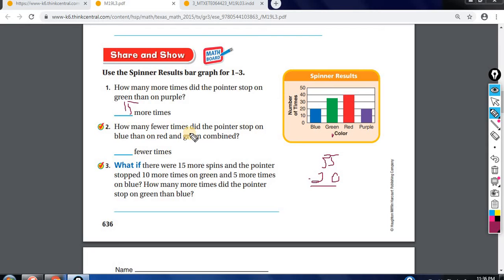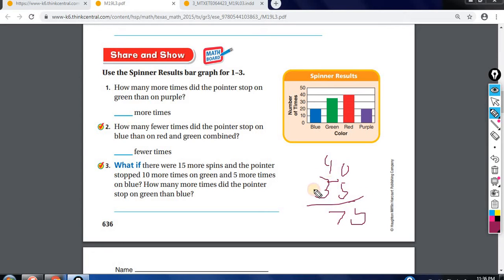How many fewer times did the pointer stop on blue than on red and green combined? Okay, so now that's a multi-step. You have to add red and green. Red is 40. Green is 35, so 40 and 35. 35 is what? 75.